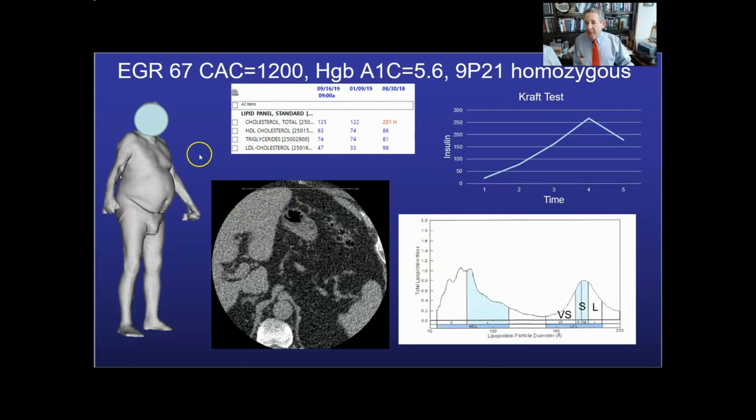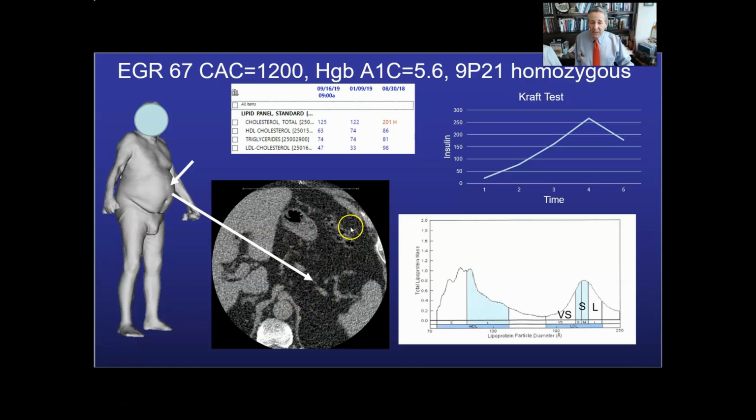And here's an example of a patient we saw pretty recently, a 67-year-old who had a lot of plaque, but his baseline numbers were not impressive. So here he is with this belly. On the calcium score, we can see below the diaphragm. So here's liver, spleen, and all this is visceral fat.